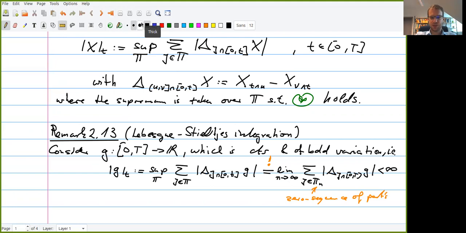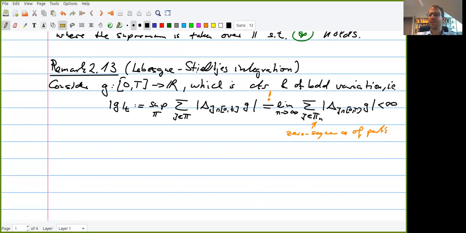So what has this to do with Lebesgue-Stieltjes integration?